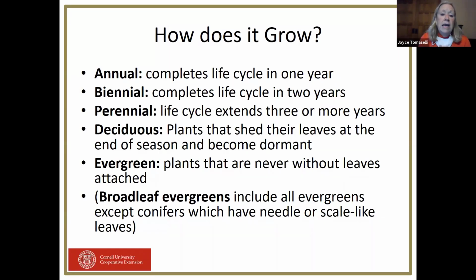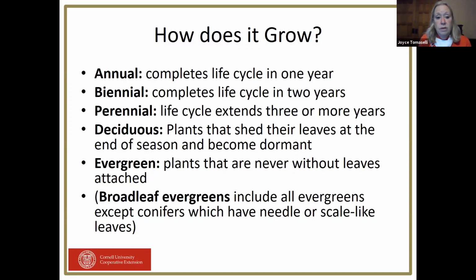But in any case, an annual completes its life cycle in 1 year. If you identify a weed which is an annual, you learn that basically you need to control it before it goes to seed. A biennial tends to be very full with leaves the first year. It often has a taproot. The second year, it tends to go to flower very quickly and go to seed very quickly, and that's the end of its life cycle.